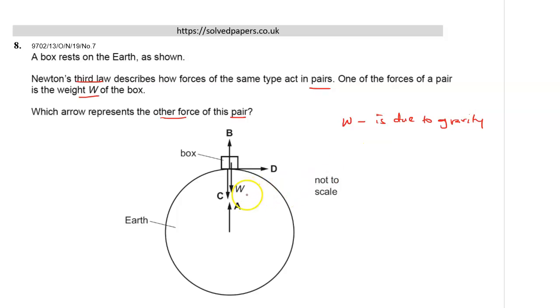This W here is due to gravity from the Earth on the box. All right. What is B? What is this force here? B is contact force.